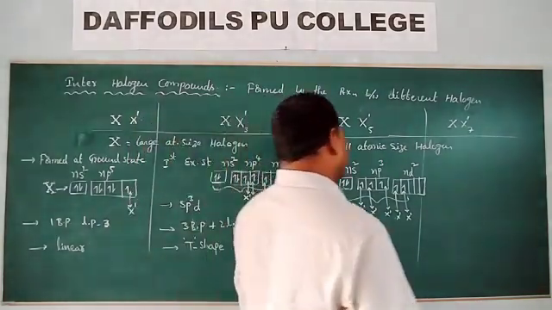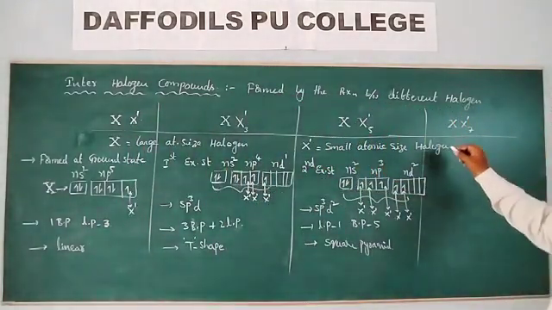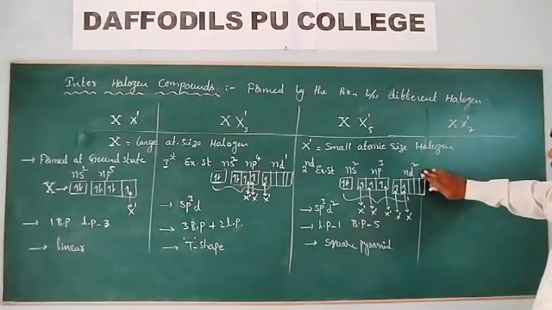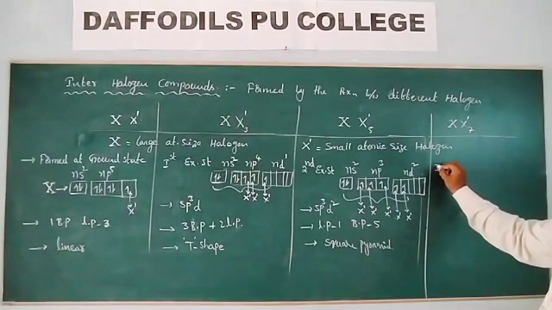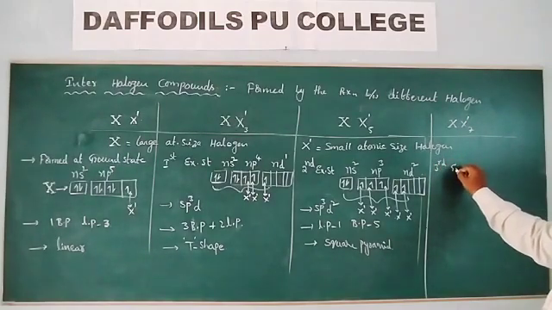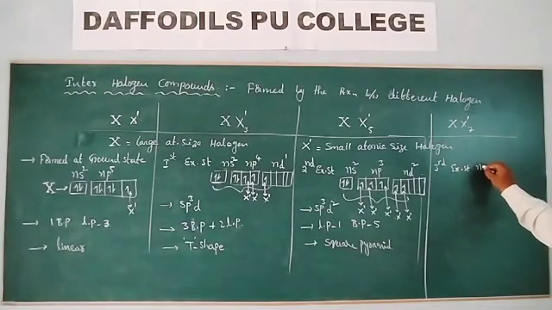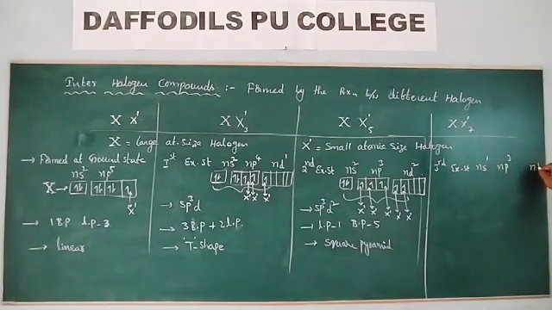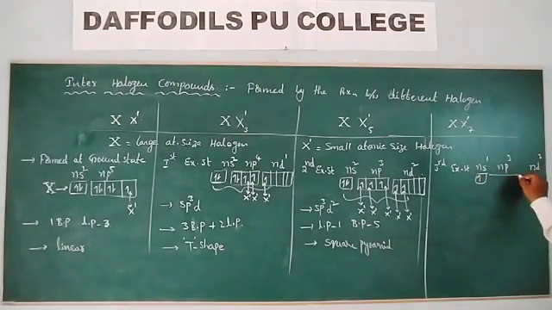Next, XX dash 7. This compound will be formed in the third excited state. The electronic configuration is ns1, np3, nd3. Orbital representation.